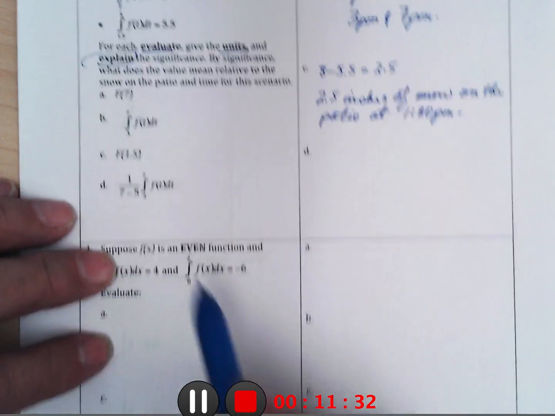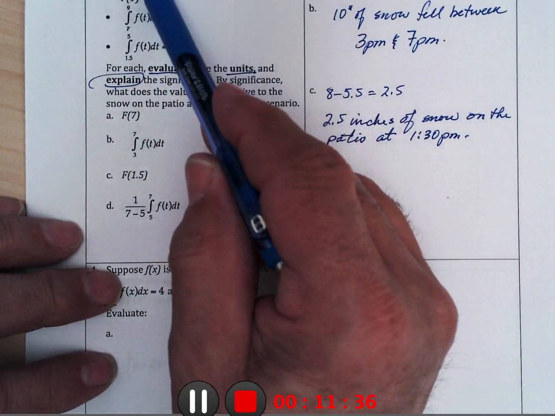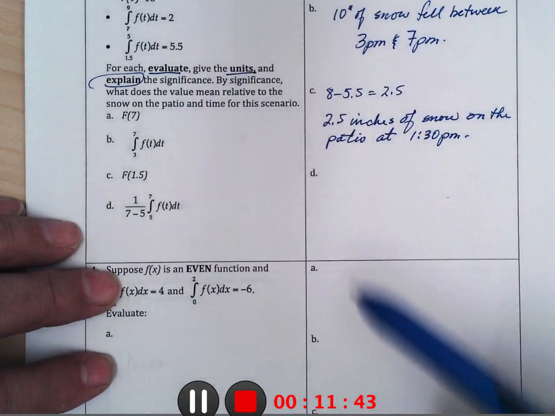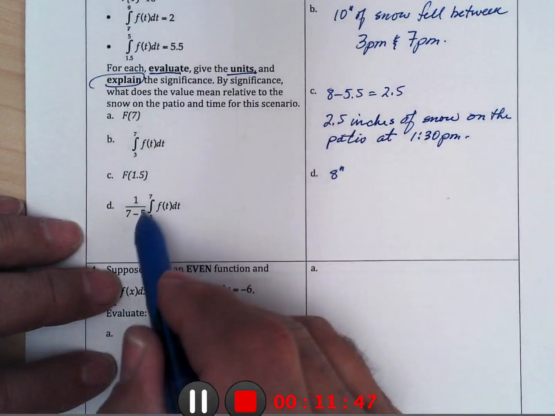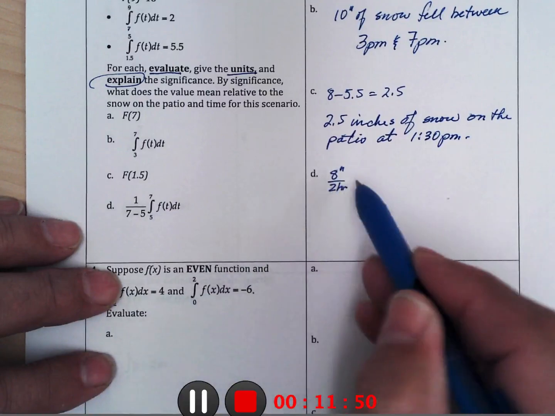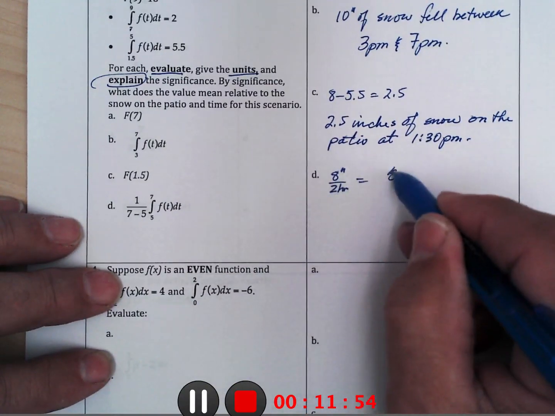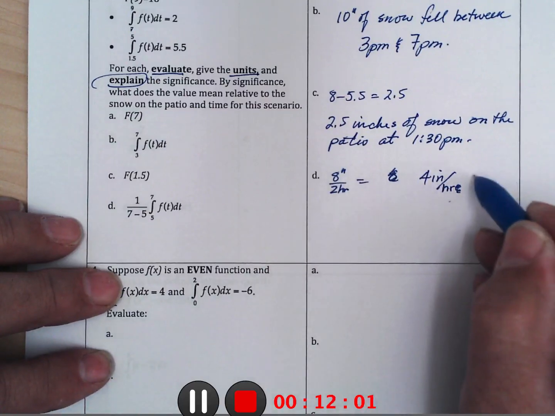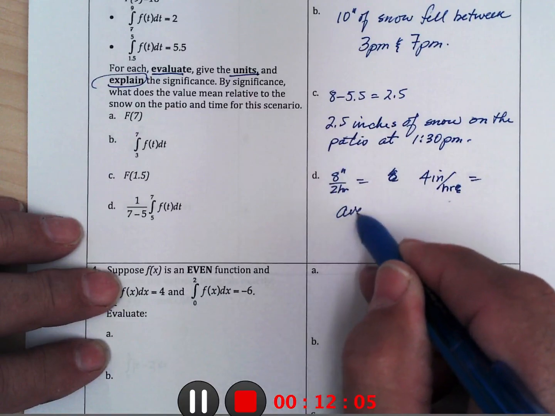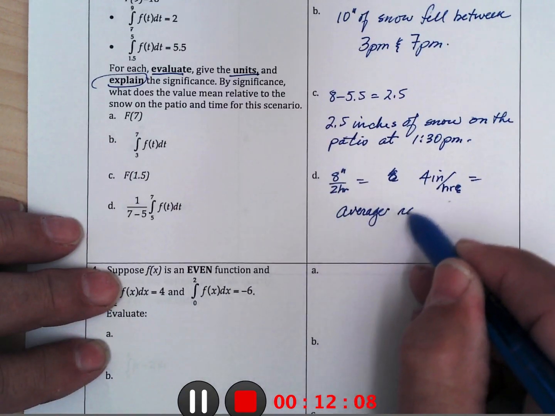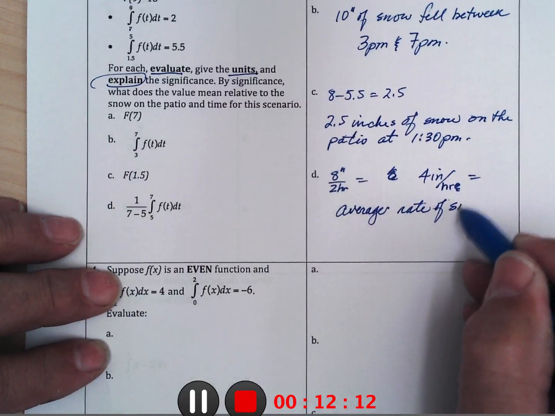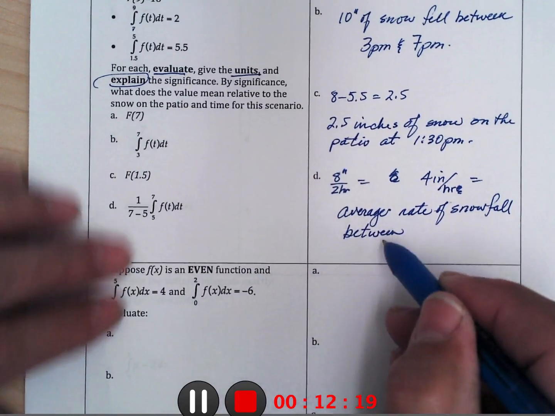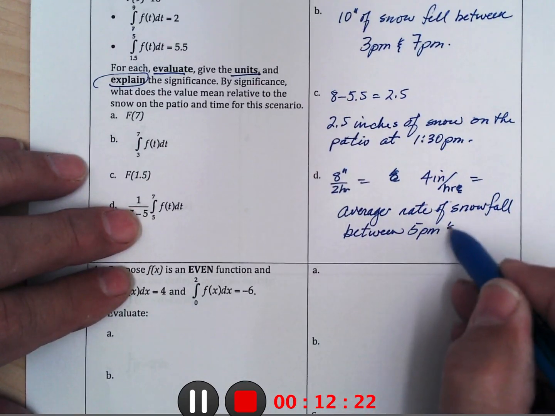So 5 to 7, at 5 there was 8 inches, at 7 there was 16 inches, so 8 to 16, that's 8 inches. 8 inches fell in the 2 hours, so we get 8 divided by 2, 4 inches per hour equals the average rate of snowfall between 5 p.m. and 7 p.m.